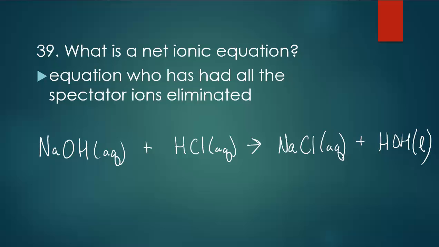So what you want to do is systematically go through every entity and ask yourself, did it change phase? If it changed phase, leave it alone. Put it as your final answer. If it does not change phase, kill it. Delete it. Omit it. Cross it out. Na is aqueous. What is it on the other side?